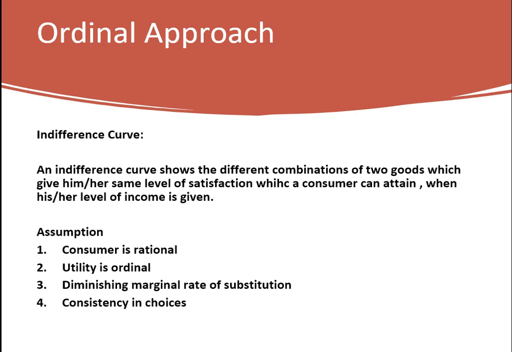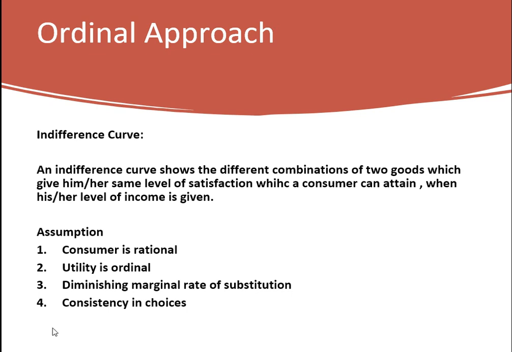So now let's discuss the assumptions of the ordinal approach. The first assumption is that the consumer must be rational, and the second assumption is that utility is ordinal. The third one is diminishing marginal rate of substitution, DMRS. It means that the rate at which you are willing to trade off between two goods must be decreasing.